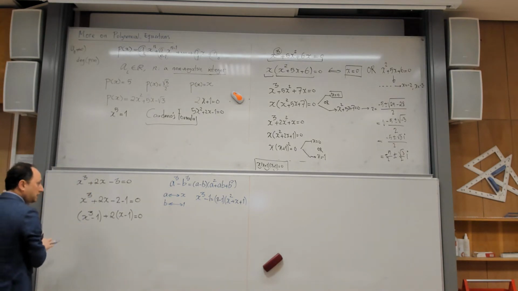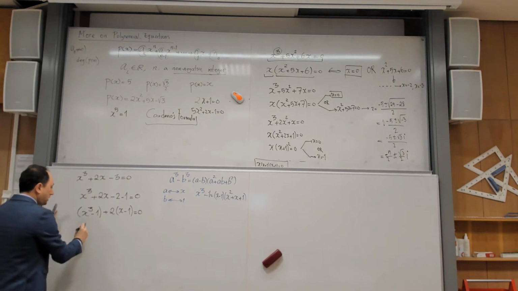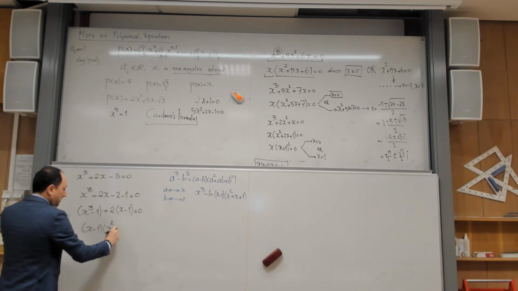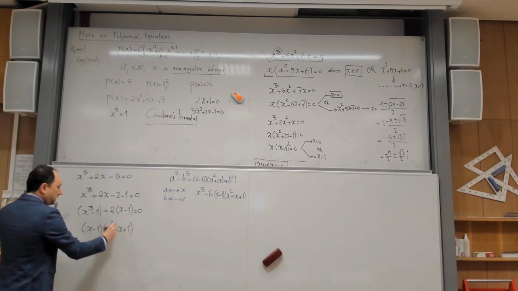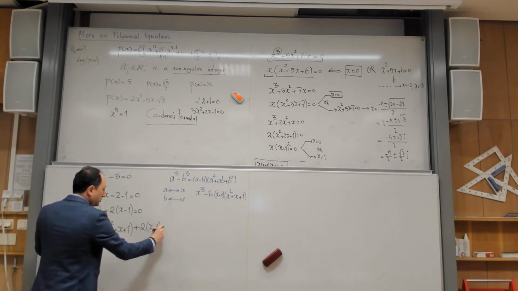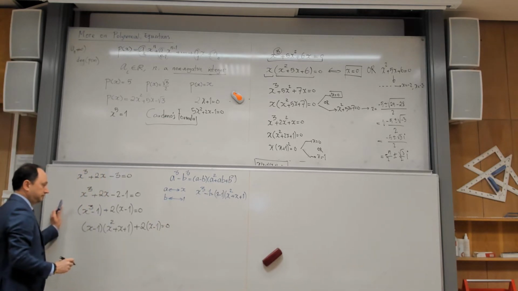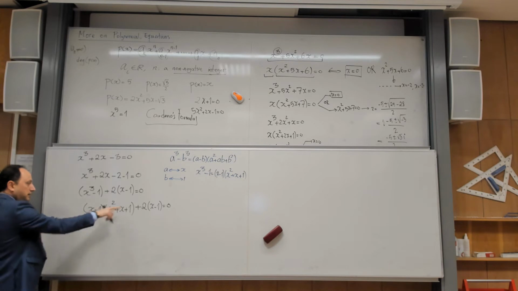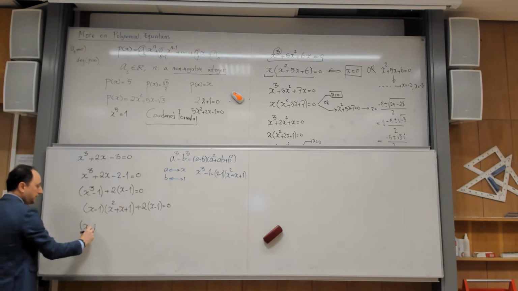So I come back here and I would write (x minus 1)(x squared plus x plus 1), and then I have plus 2x minus 1 equals to 0. And then you see that x minus 1 is common here and there, so I can factor it out again.